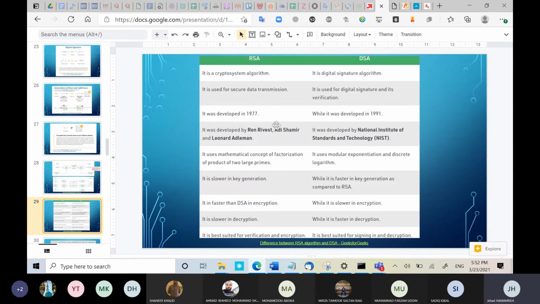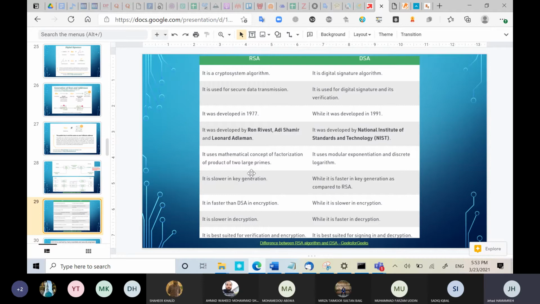RSA was developed in 1977, DSA in 1991. RSA stands for the first letters of the names of its inventors: Ron Rivest, Adi Shamir, and Leonard Adleman. DSA was developed by the National Institute of Standards and Technology, NIST.